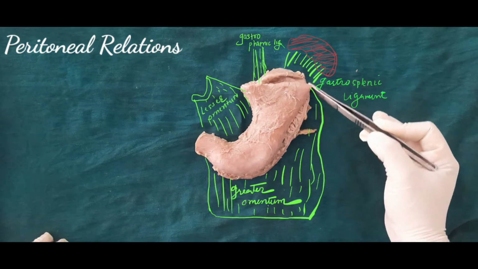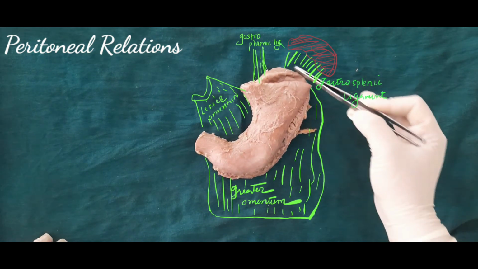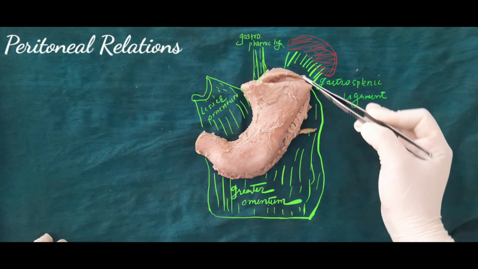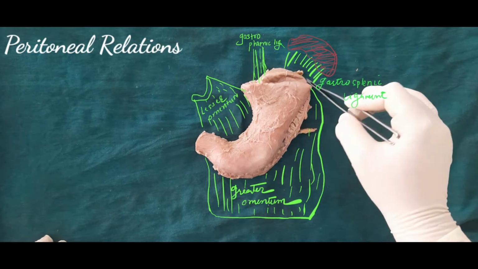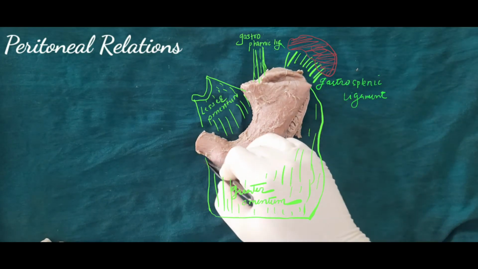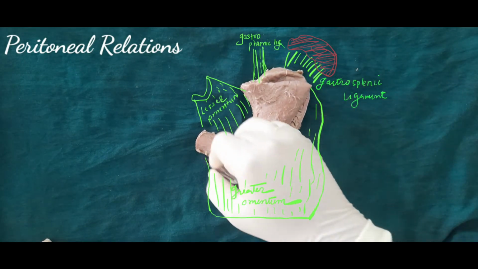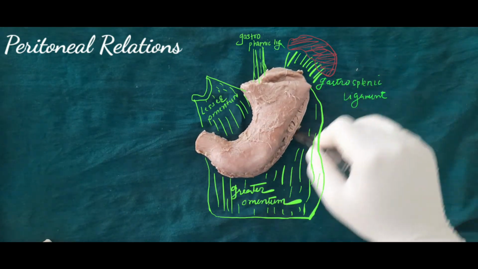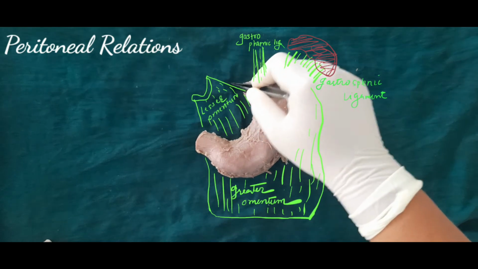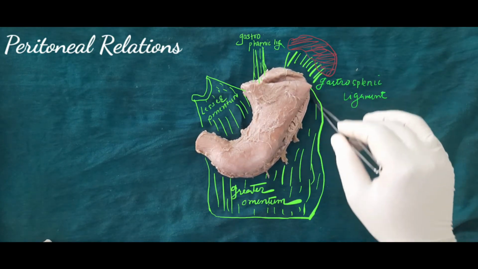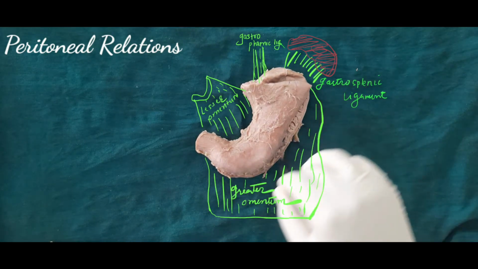On the fundus, it is related with the gastrosplenic ligament, and the content of the gastrosplenic ligament is the short gastric artery. The remaining portion of the greater curvature gives attachment to the greater omentum. So these are the peritoneal relations: lesser omentum, gastrophrenic ligament, gastrosplenic ligament, and the greater omentum.